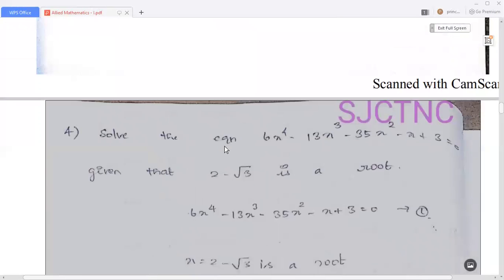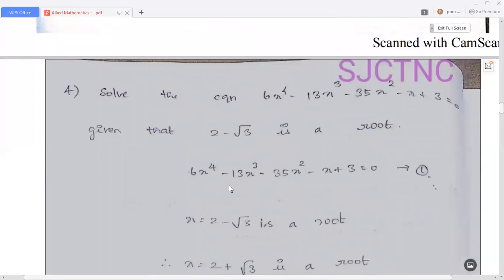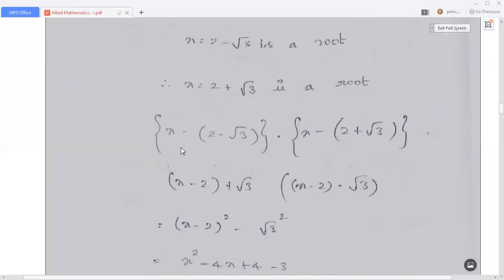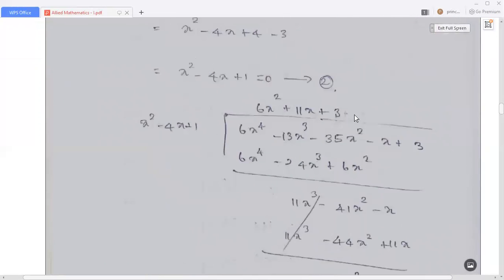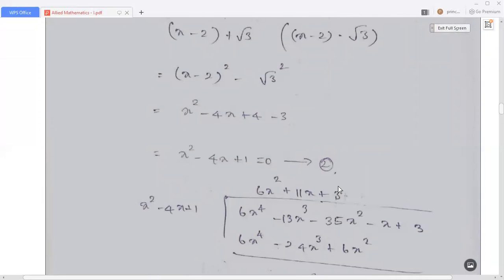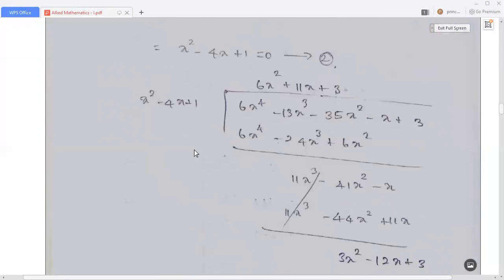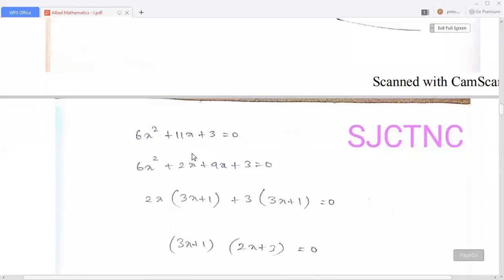Now we divide this fourth degree polynomial by this polynomial. So we get the quotient 6x square plus 11x plus 3. The remainder is 0. When you solve this quadratic equation, 6x square plus 11x plus 3 equal to 0, we get another two roots.